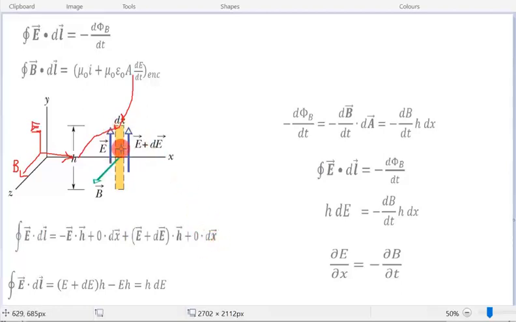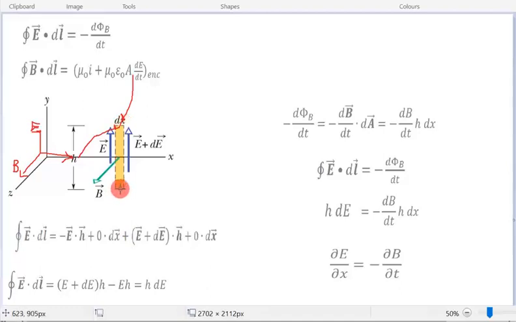Then we come here. We are moving in this direction, so we are talking about the negative, the reverse of the electric field here. That will give us negative E times the length, which is H. So negative E times H. Then the last part of the rectangle, this side, has a length of dx, a small change in x.